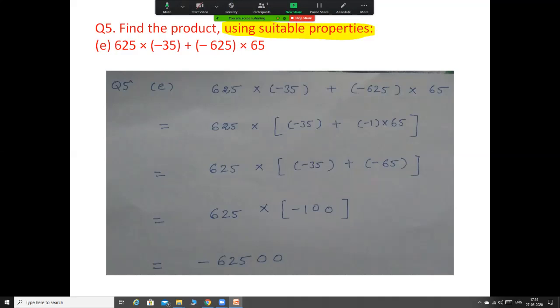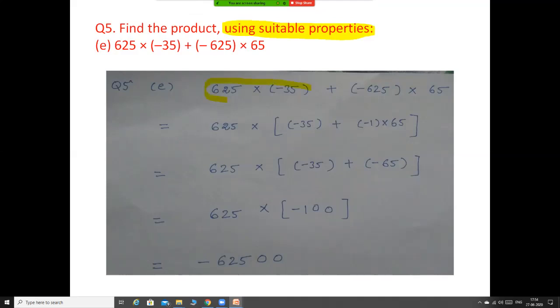So according to the question, 625 into minus 35 plus minus 625 into 65. So plus sign is there. So it means there are two terms. The first term involves these two integers in multiplication, and the second term contains these two integers in multiplication.